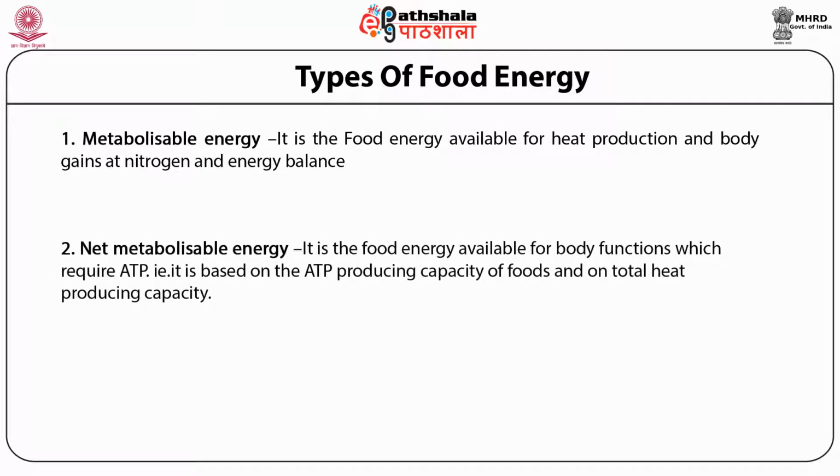The net metabolizable energy is the food energy available for body functions which require ATP. That is, it is based on the ATP producing capacity of foods and on total heat producing capacity.